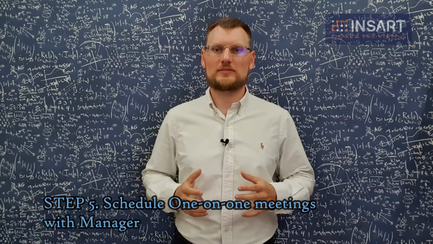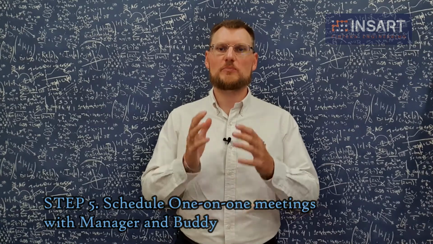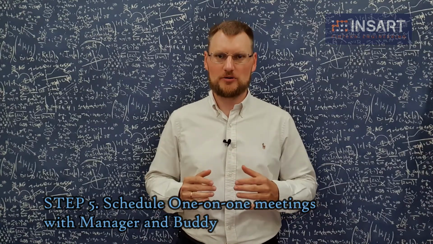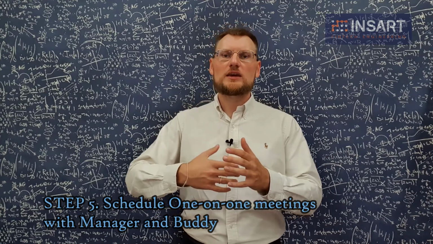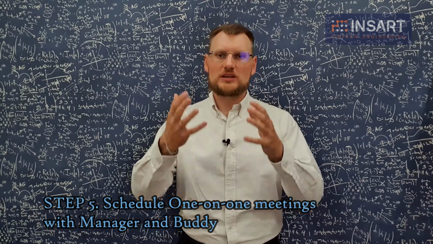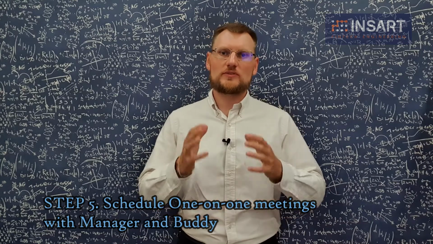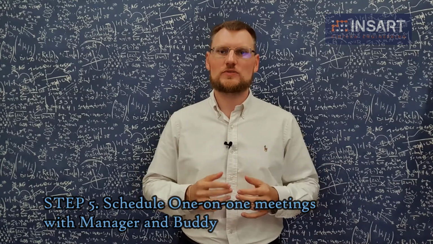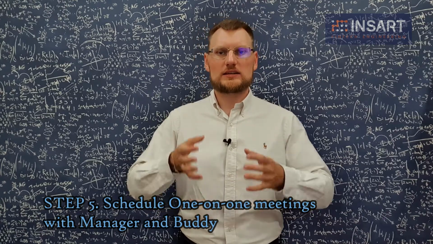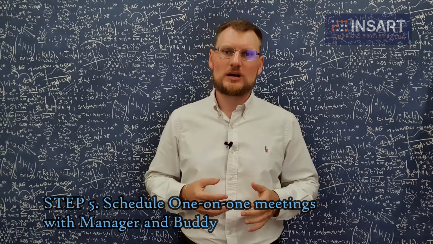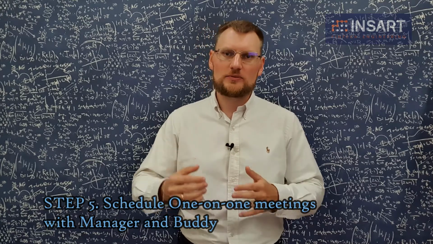Step number 5, schedule one-on-one meetings with the manager and the buddy of the software developer. It's really crucial for the software developer to get constant feedback from the manager during the first months of assignment. So that's why the manager needs to schedule one-on-ones at least once a week during the first months, maybe bi-weekly the following months.